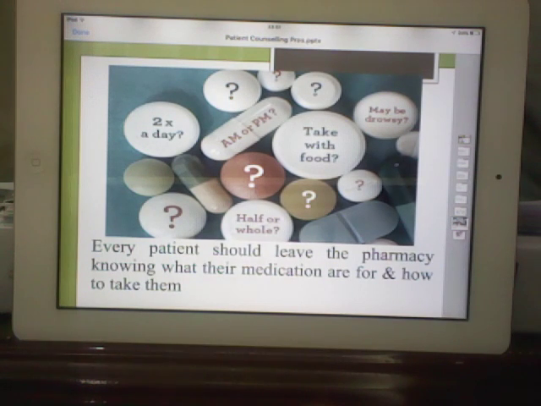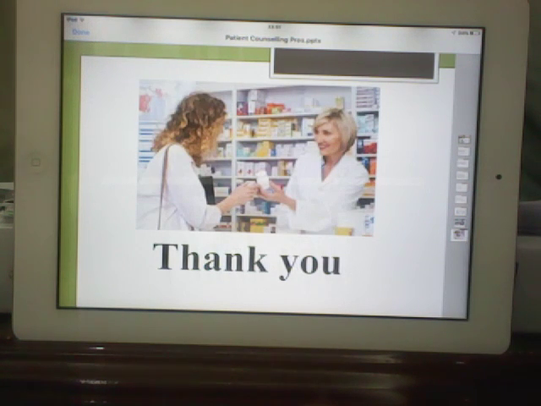We should always remember that every patient should leave the pharmacy knowing what their medication is used for and how to take their medication. Always remember that patient counseling will lead to positive behavior by which the patient is motivated to adhere to their medication for a better life.